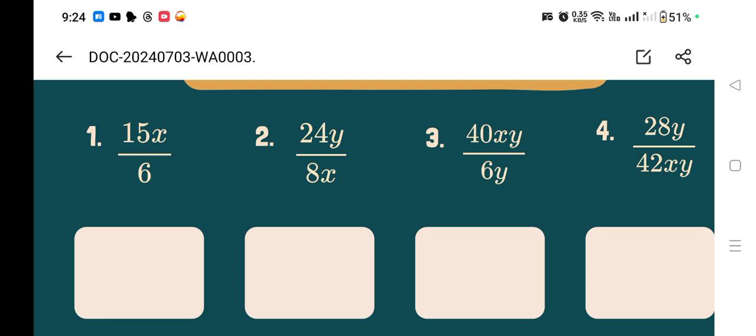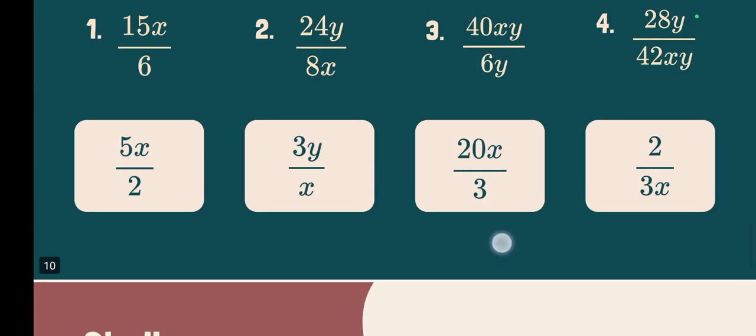Most probably they get cancelled out. 14 gets cancelled out with 7 and 21 also gets cancelled out with 7. 7 2s are 14, 7 3s are 21. So that will be 2 by 3x.